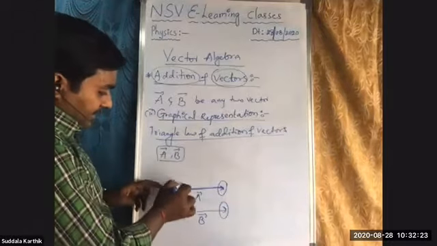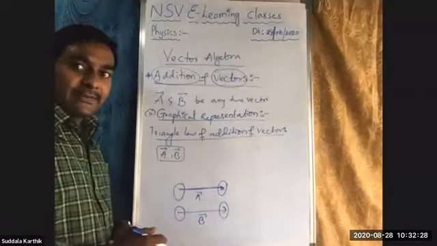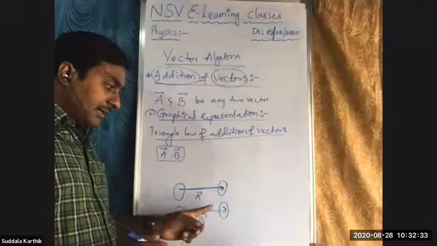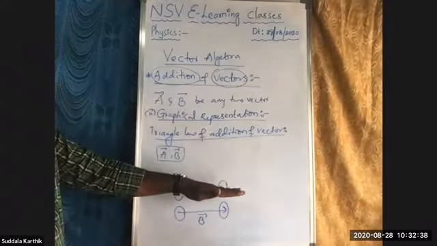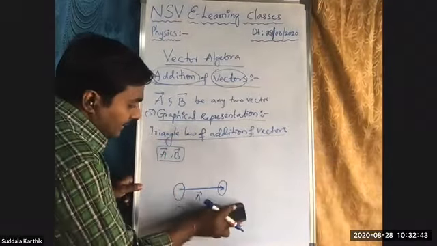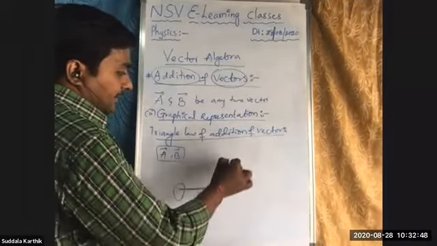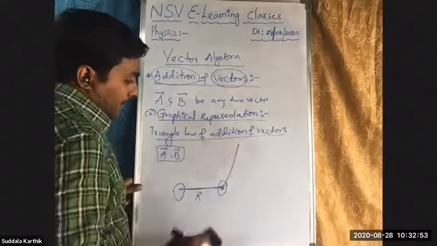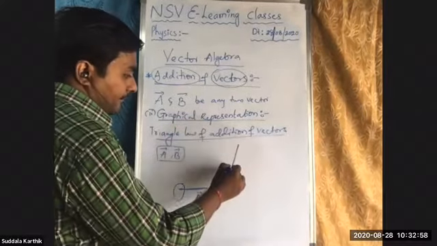This is the tail of the first vector, head of the first vector. Tail of the second vector, head of the second vector, Nana. You have to place the first vector like this. But the second vector, you have to place like this, Nana.